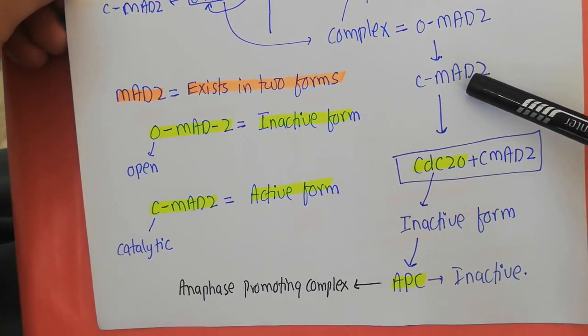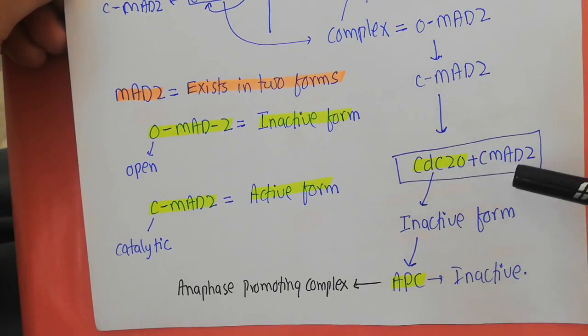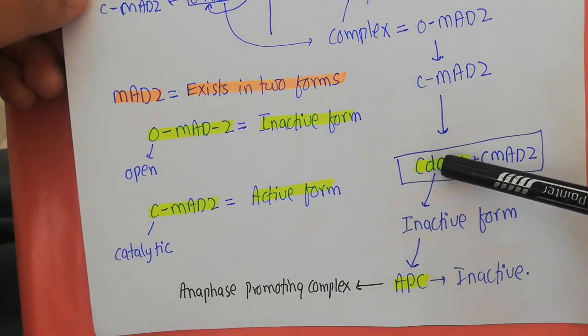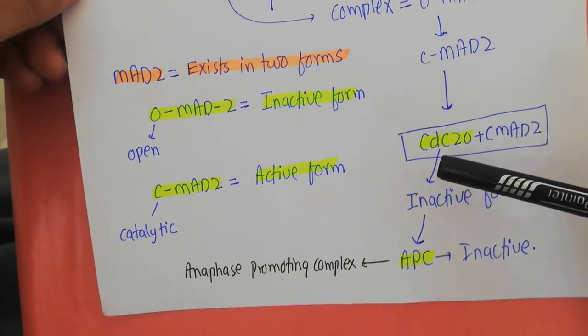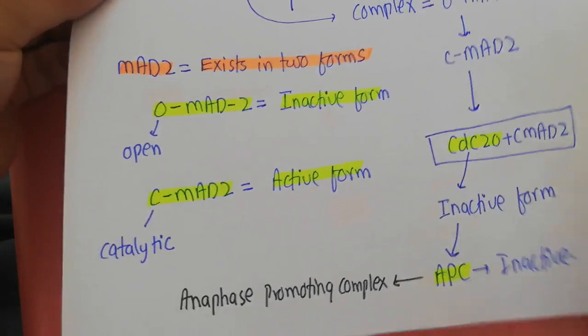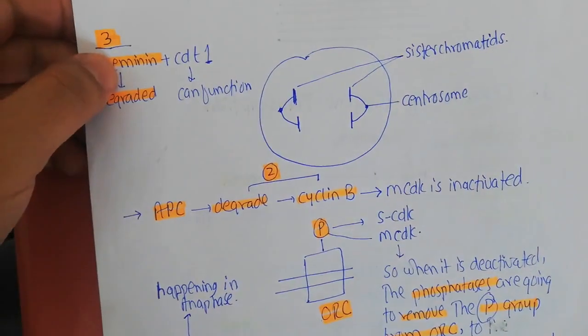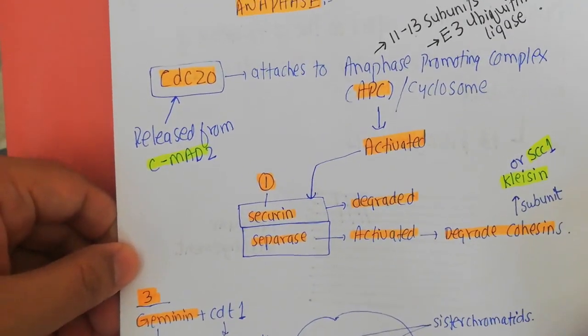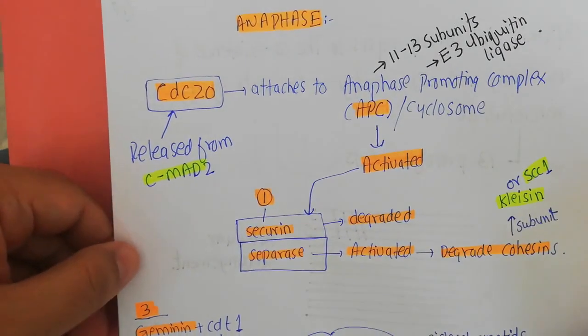That means that the CDC20 will not be in interaction with the MAD2. That means that the CDC20 will be in the active form, and it can go for the activation of the Anaphase Promoting Complex.